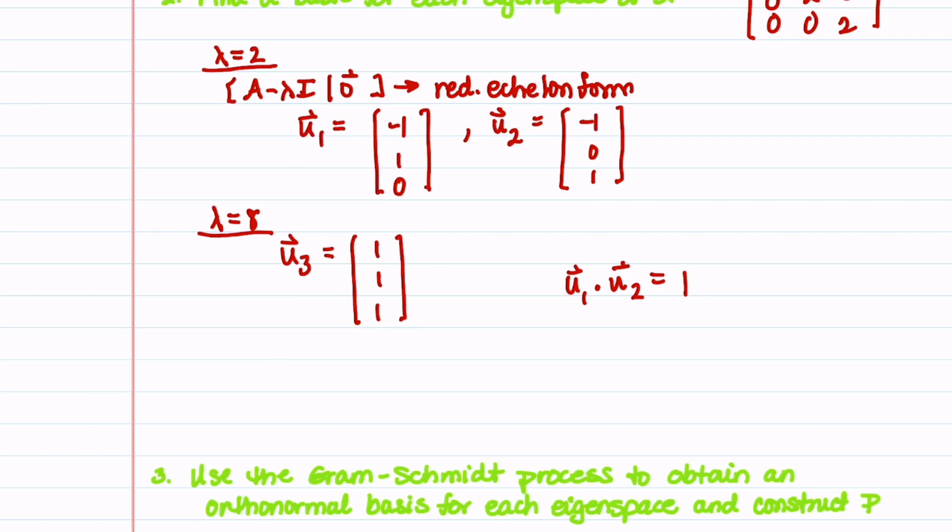So already U1 and U2 are not orthogonal. Now let's check U1 and U3. U1 dotted with U3 is minus 1 plus 1 plus 0, so that's 0. So those two are already orthogonal. And then lastly, let's check U2 and U3. We get a minus 1, a 0, and a 1, so that's 0. So that's actually pretty good. Two of our three vectors were already orthogonal. So now our job is just to make U2 orthogonal to U1.